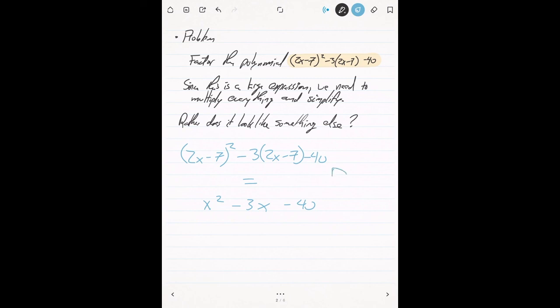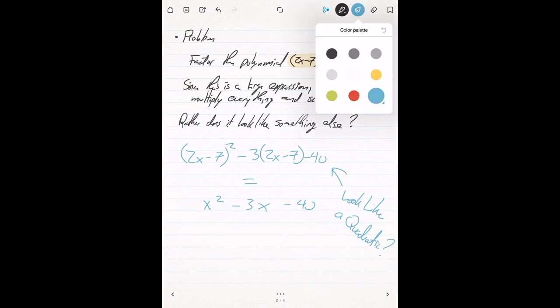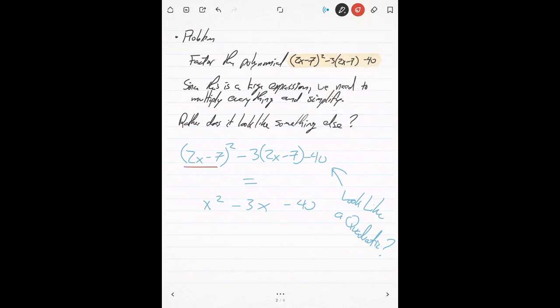Doesn't this look like a quadratic? It sort of behaves that way, doesn't it? We have a quantity we're squaring, and then another quantity times a number, and then just a standard number. This looks a lot like ax squared plus bx plus c.